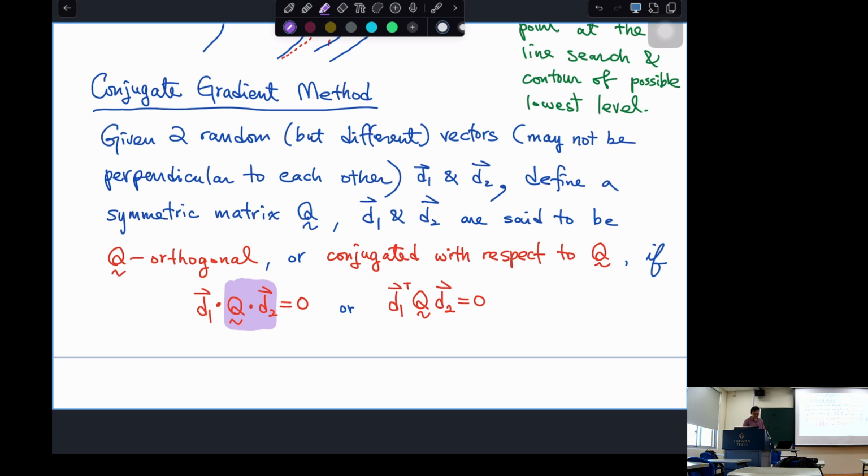So why do we do that? Why do we introduce this so-called conjugate gradient?